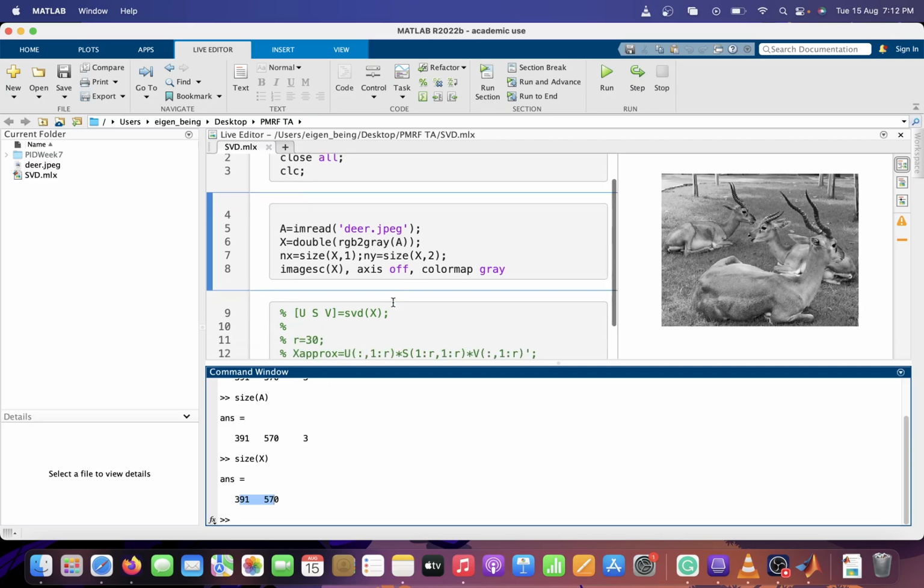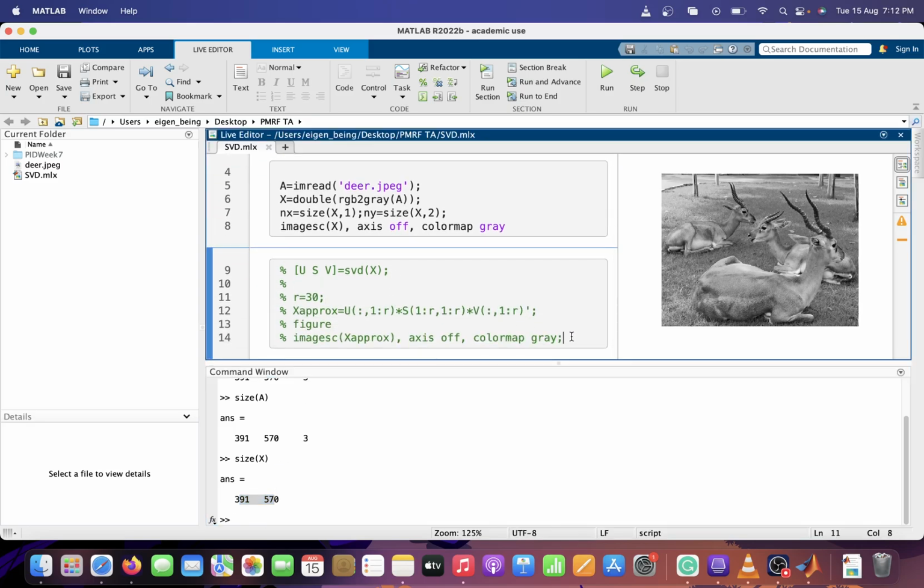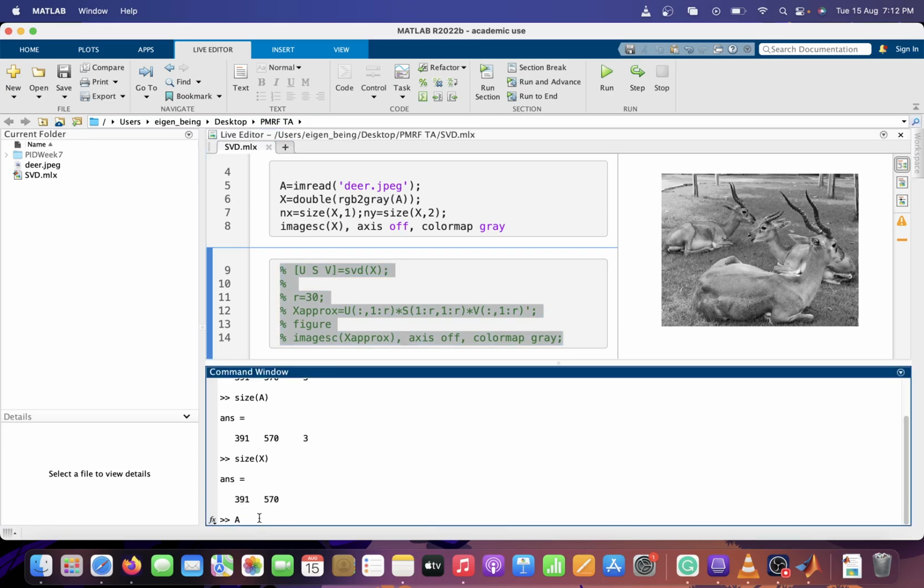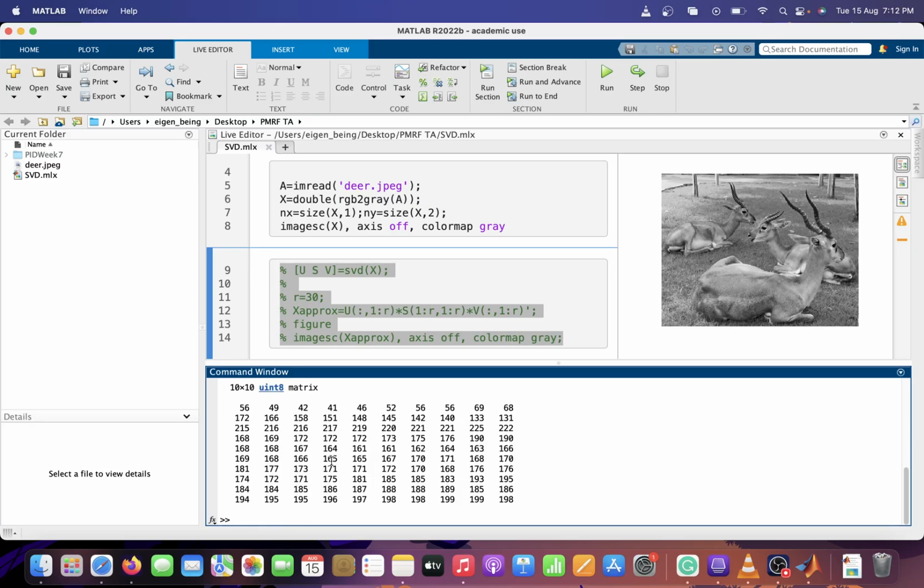I can print the first 10 values of A. These are just values, ranging from 0 to 256, I think. They are numbers based on how black or how white the pixel is.